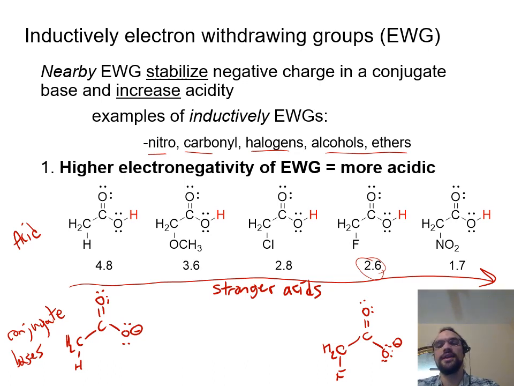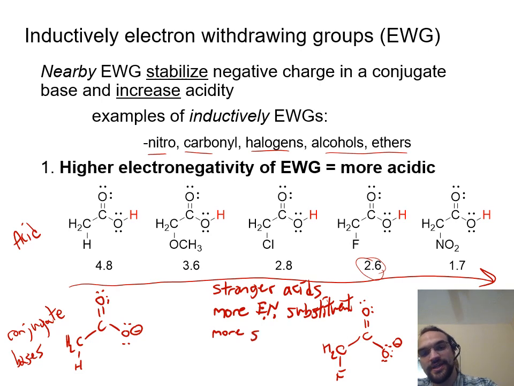A nitro group is very electronegative. Fluorine is more electronegative than chlorine. So as we go in this direction, we're seeing more electronegative substituents. And because of the more electronegative substituents, as we go left to right, we have more stable conjugate bases.